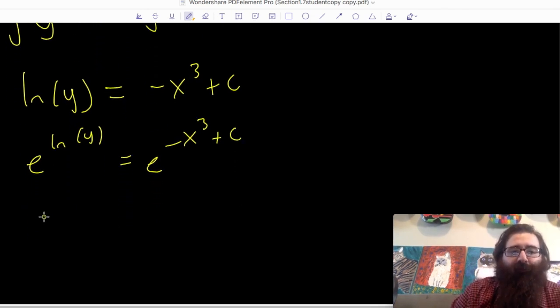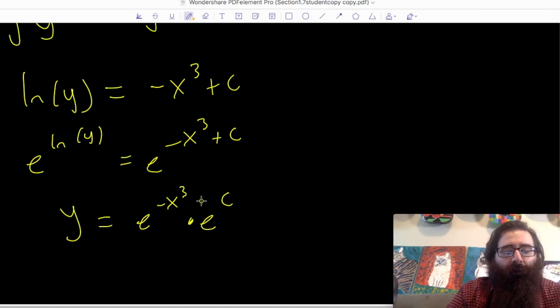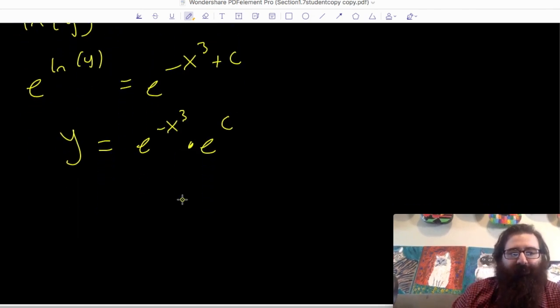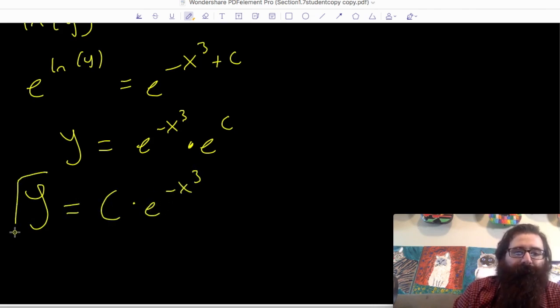And e to the natural log of y power gives me y. Here I can split this into e to the negative x cubed times e to the c, so I get a product now. But then I can go ahead and think of this e to the power of c as just some unknown constant. So y is equal to c times e to the negative x cubed.